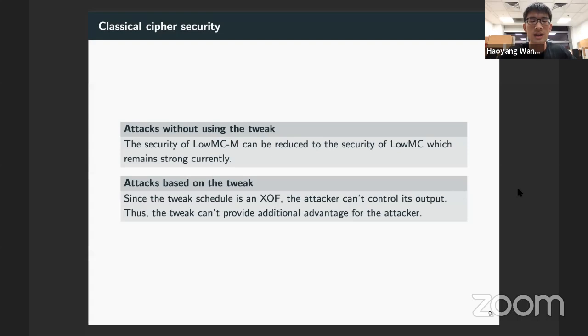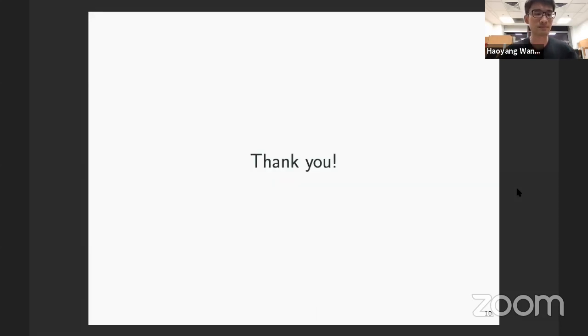However, our cipher uses the XOF as a tweak schedule, and because of the property of the XOF, the attacker can't control its output. So we believe the tweak can't be leveraged by the attacker. So that's all. Thank you.